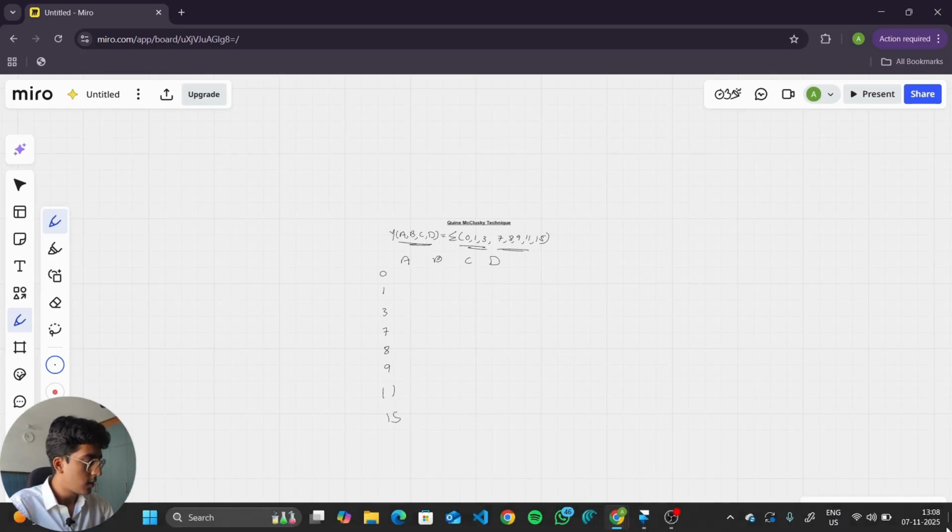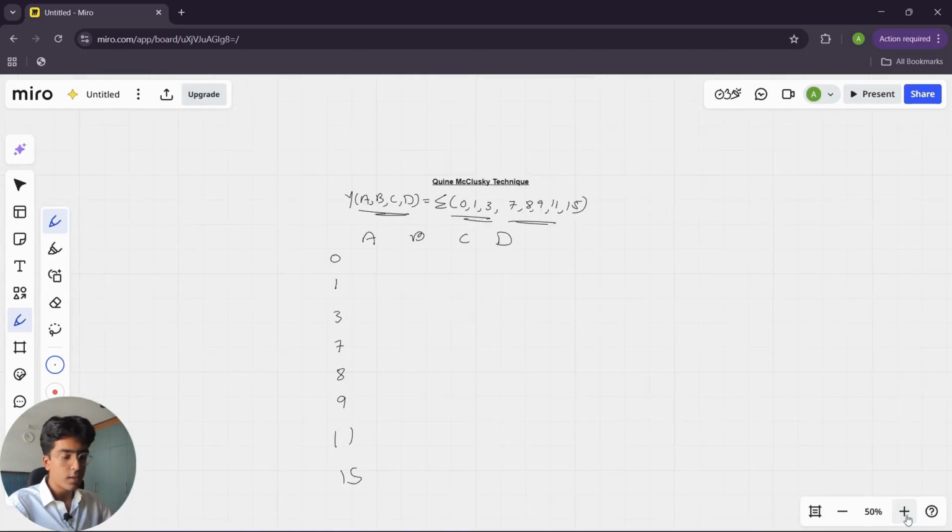Okay, we have these minterms, and we have to write the binary form. So this is 0, so all of them would be 0 0 0 0, and then we have 1, so 0 0 0 1. This is 3, so we'll have 0 0 1 1. Similarly, you can fill them out.